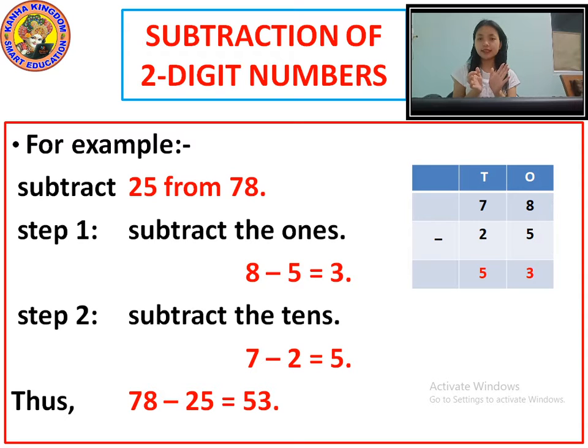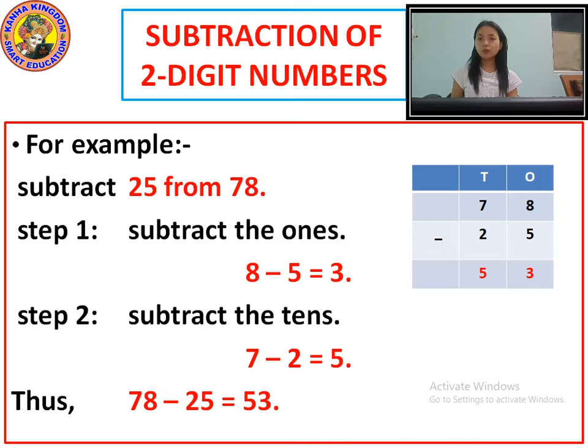After 9 comes 10, and from 10 all numbers are two-digit numbers. Examples are 10, 12, 23, 44, 50, 60, and till 99. Because after 99 comes 100, which is a three-digit number.